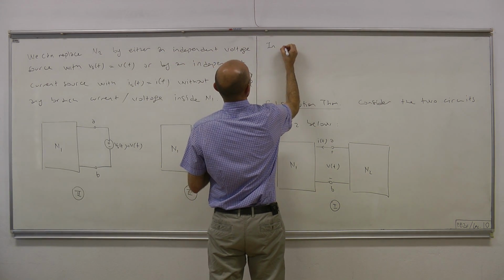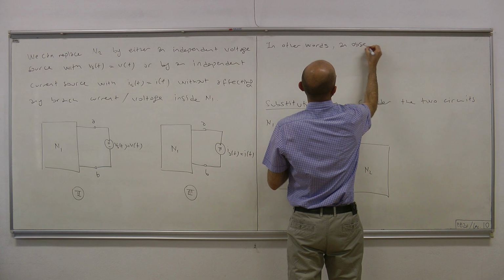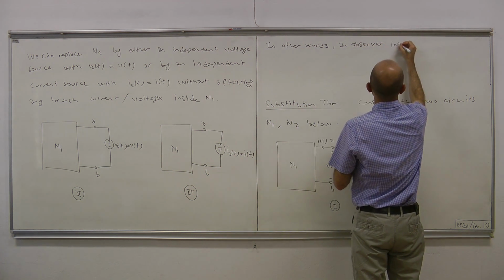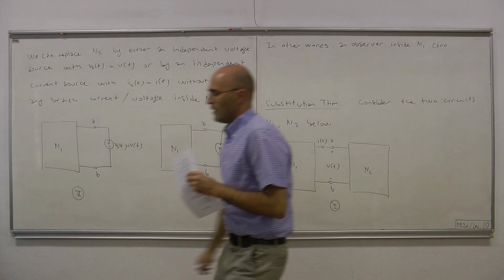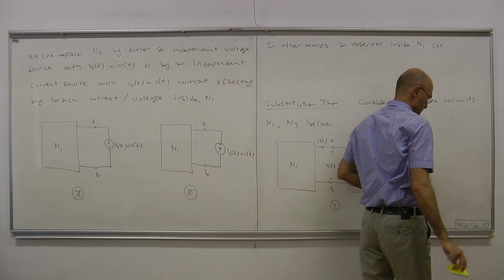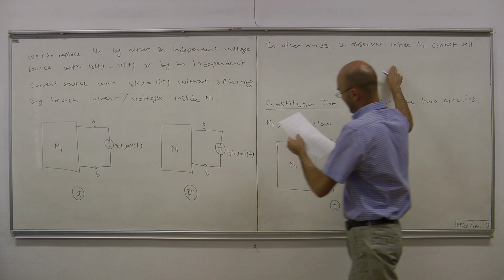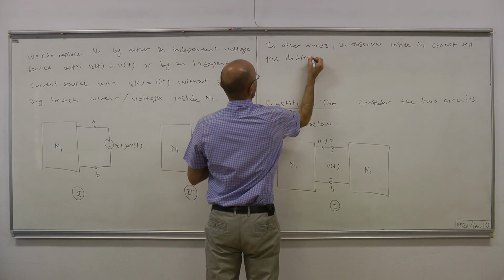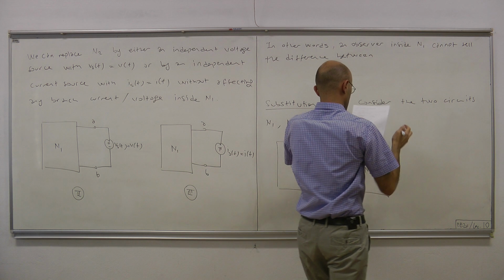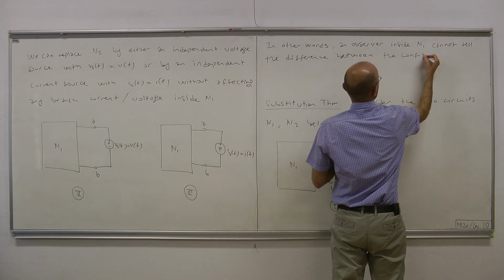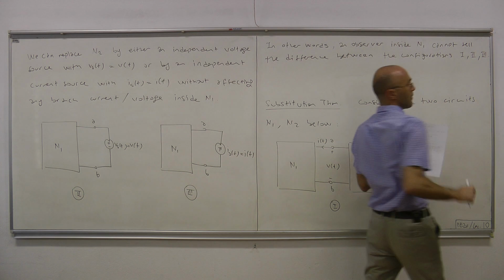In other words, an observer inside N1 cannot tell the difference between those three configurations, or circuits 1, 2, and 3.